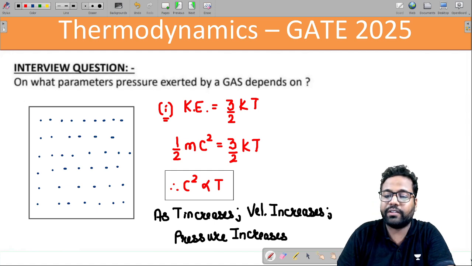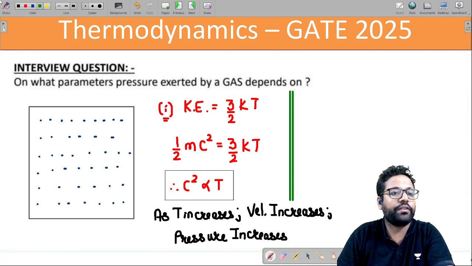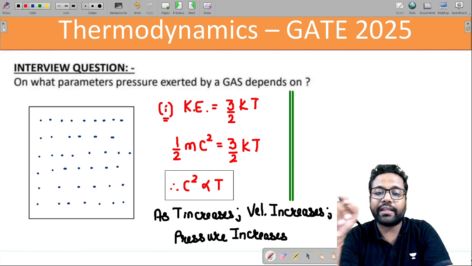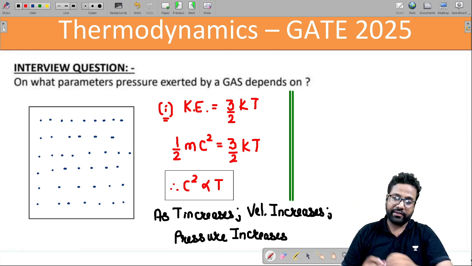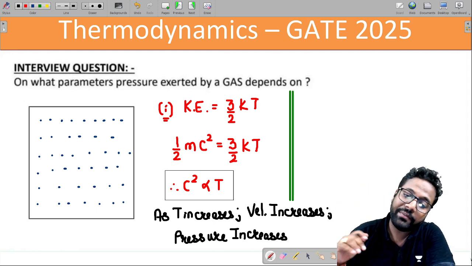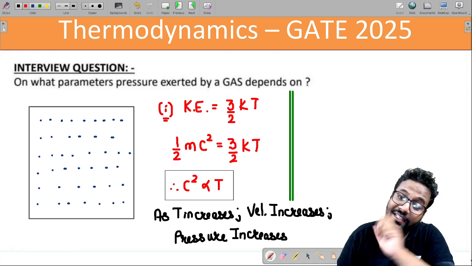Okay sir, this is one thing. The second point is: what if I increase the density of the gas? Now how can I increase the density of the gas? Sir, this is only possible if I increase the mass of the gas, which indirectly means increasing the number of molecules.